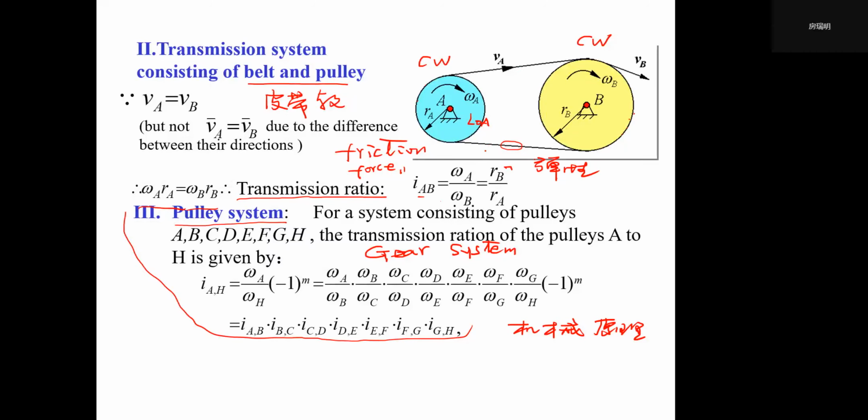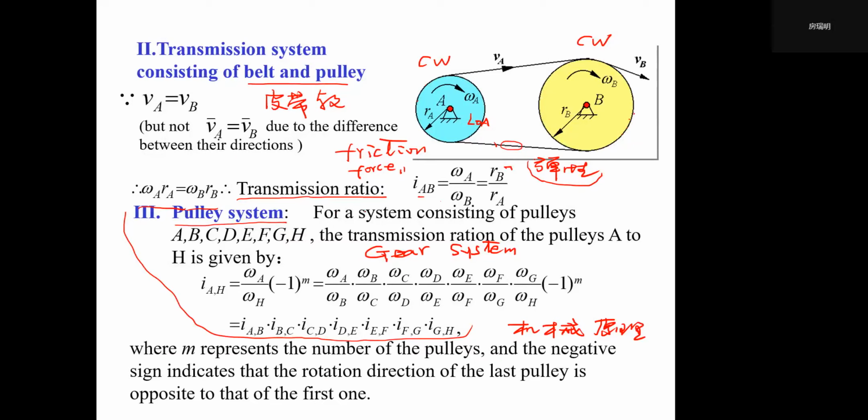That means the length will change from this side to this side. That's not a characteristic we should learn in this course. Maybe you guys will learn that in future. I just need you guys to know this concept, transmission ratio, right? So let's move on.